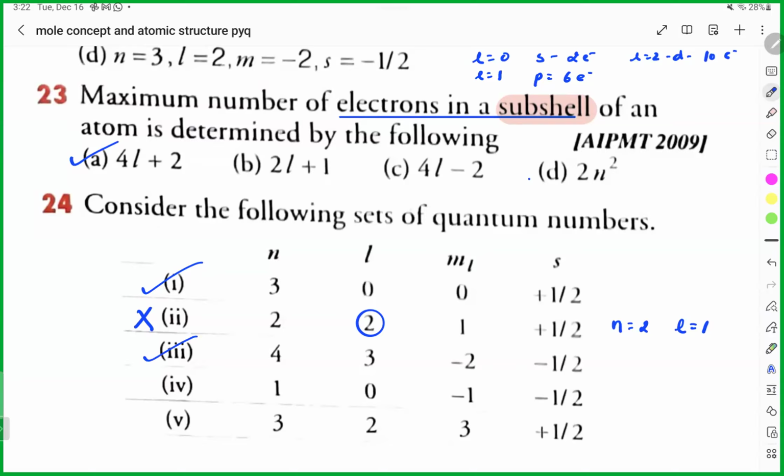Fourth? No, sir. Why? If n value is 1, l value will be 0, m value will also be 0, because minus l to plus l. Last? No, sir. Again, n value is 3, l value could be 0, 1 or 2 and m value will be from -2 to +2. Between that, 3 is not possible. Make sense, guys?